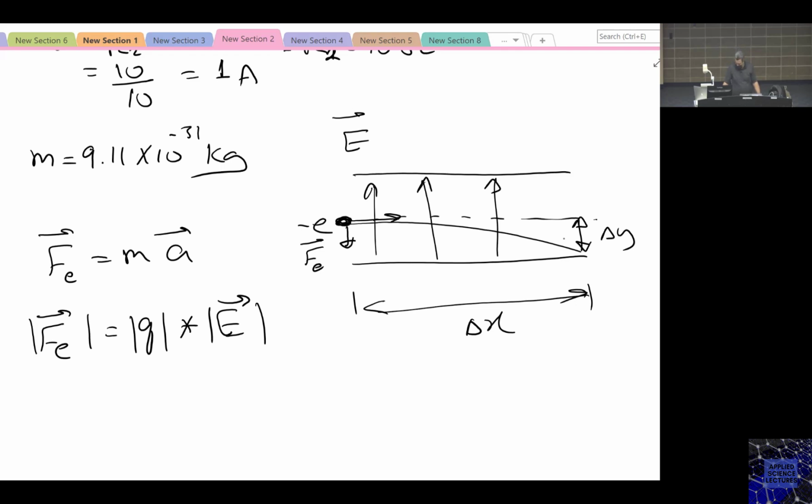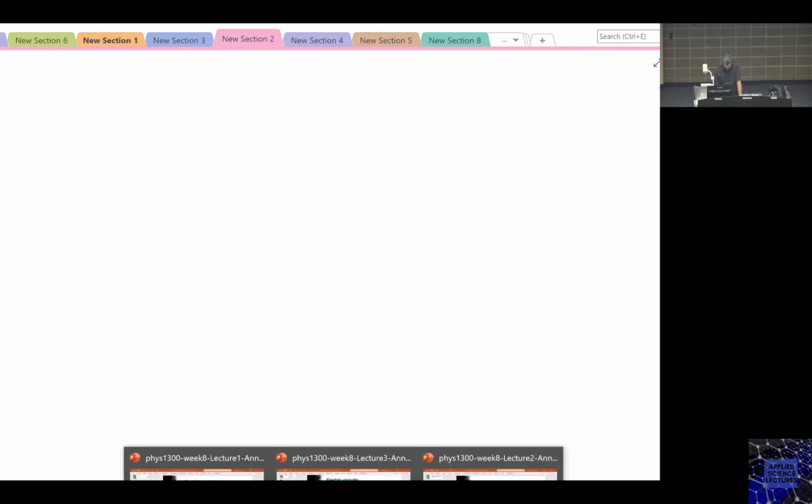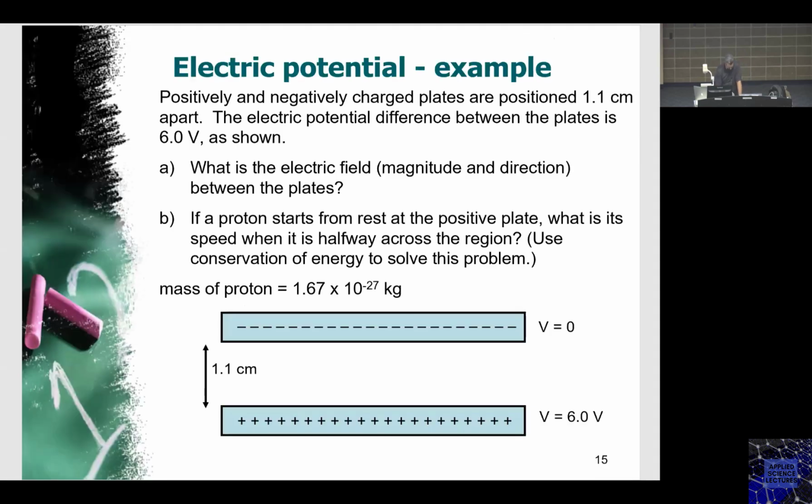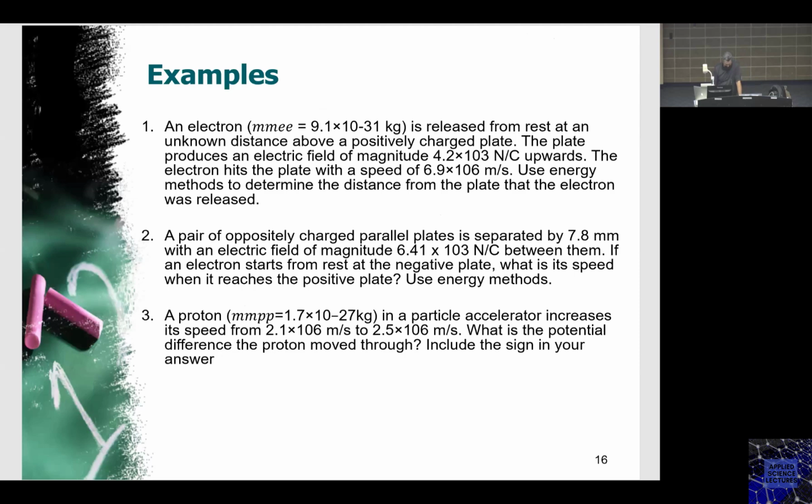Okay. So, let me see if I can go through one example here. We still have 8 minutes. Okay, so we have an electron that is released from rest at an unknown distance above a positively charged plate.